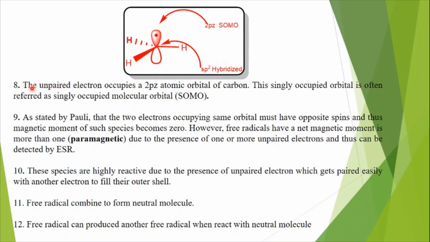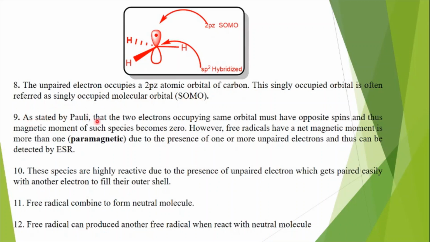So the next point is the 8th point. The unpaired electron occupies a 2pz atomic orbital of carbon. This singly occupied orbital is often referred to as a singly occupied molecular orbital or SOMO.